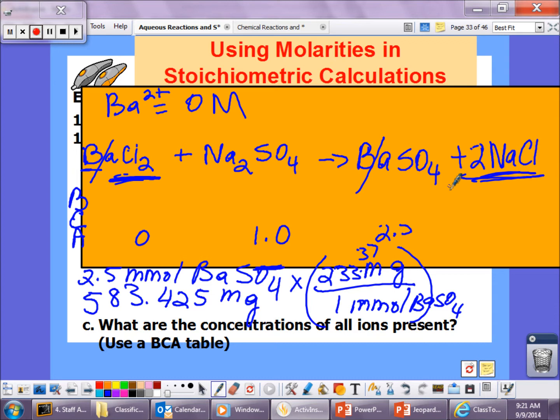Next, how do I find the concentration of chloride ion? I write down Cl minus equal the concentration. Why do we use brackets for the concentration? The square bracket is the same thing as molarity. It is concentration. How many moles? Okay, I made a mistake. I erased the number of moles of barium chloride we had here. Was it 2.5?